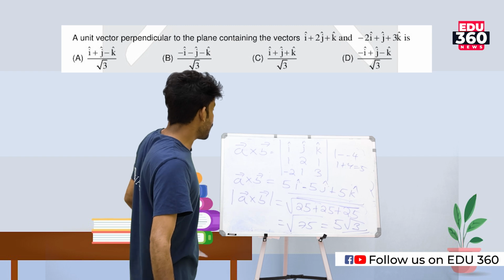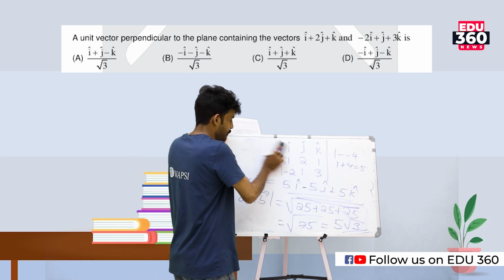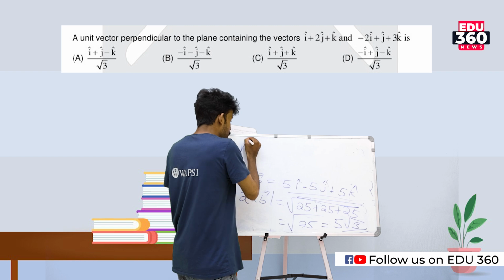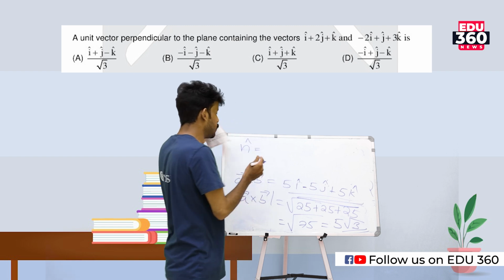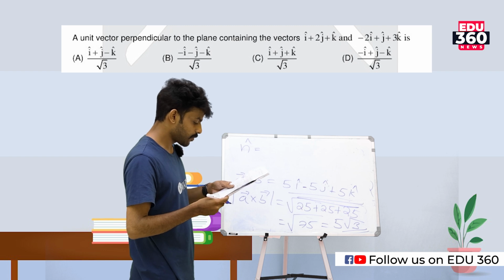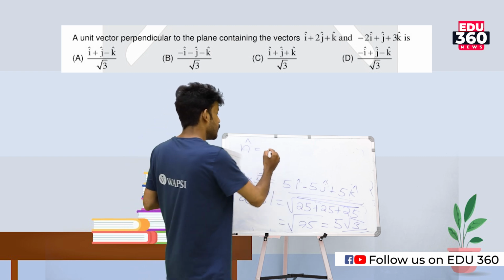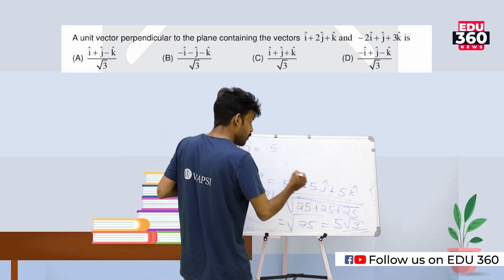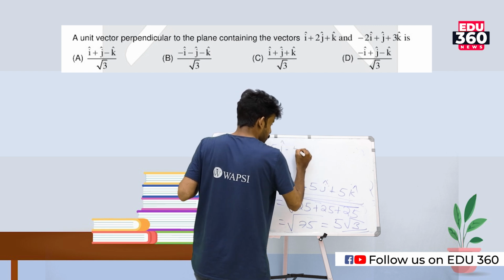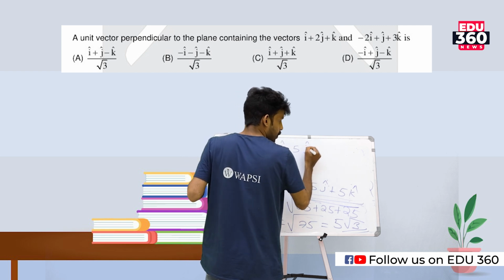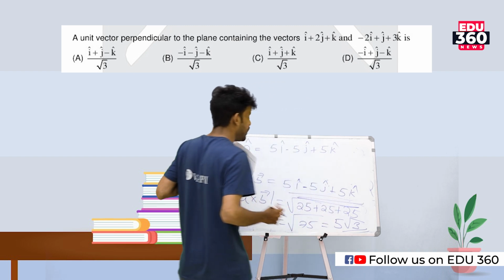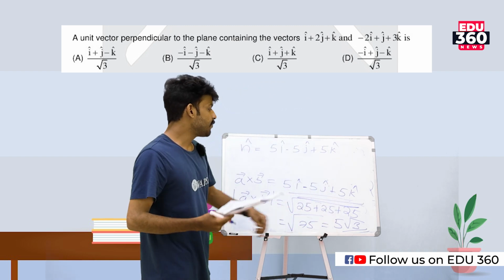Okay, so in the next step, we know that n cap will be equal to 5 i cap minus 5 j cap plus 5 k cap divided by 5 root 3.